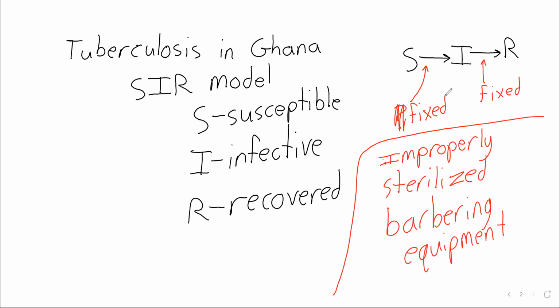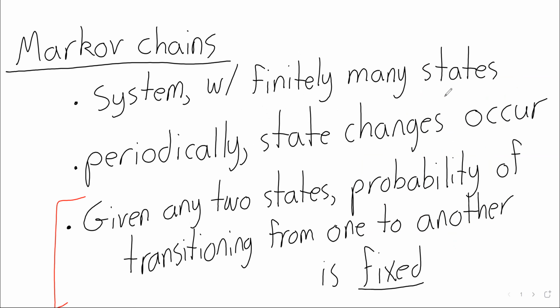This is based on a real paper that I did read during my dissertation research. So this model has factually been used to study tuberculosis, and in particular, this model has been used to study tuberculosis using the tools of Markov chains.